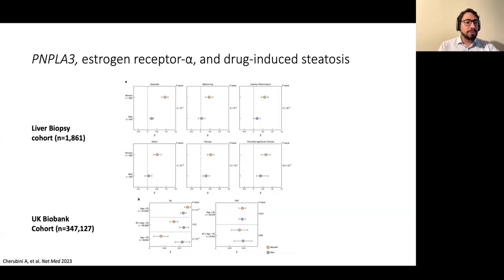And finally, I will just discuss some provocative findings in terms of how genetic risk interacts with some estrogen receptors, and some medications can modulate this. And this is a very, very interesting manuscript.